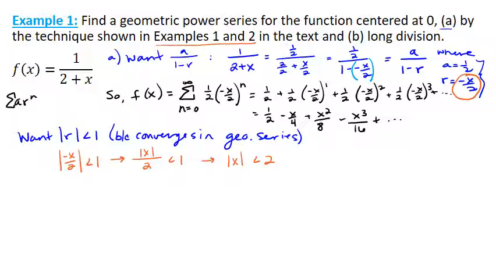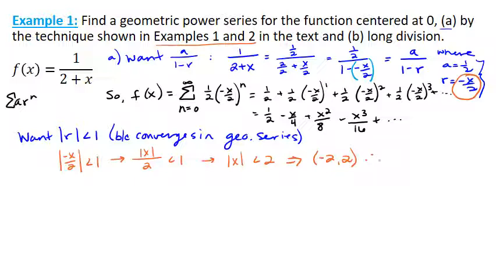Additionally, by the geometric series test, this has to be less than 1. So we can conclude that our interval of convergence is -2 to 2.